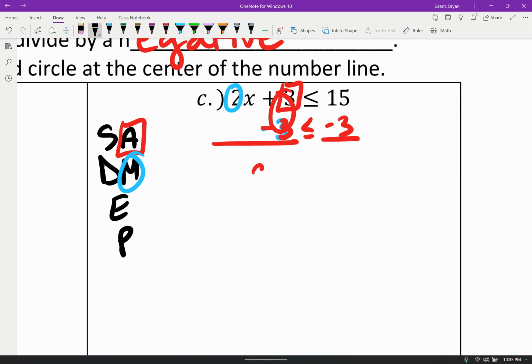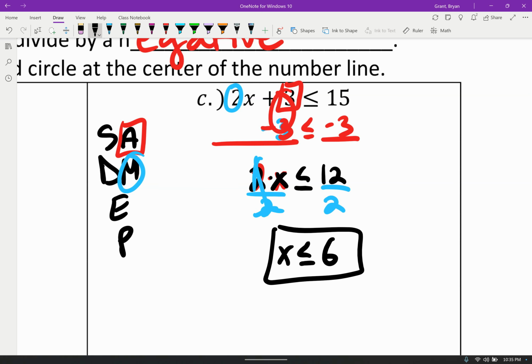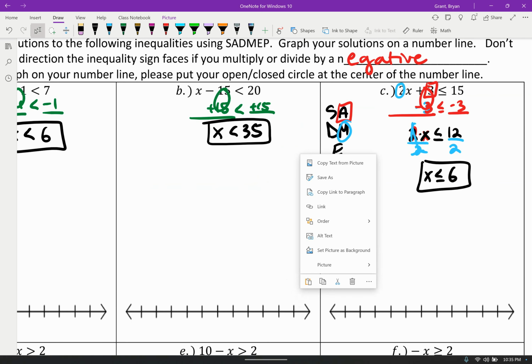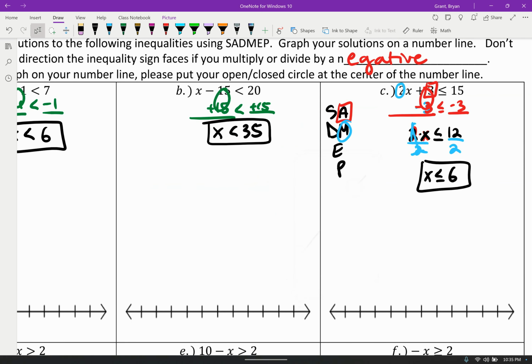So that leaves me with 2 times x is less than or equal to 12. And we'll finish off the 2 that's out front. Divide by 2. And it leaves me with x is less than or equal to 6. Still nothing crazy. 3 problems done in the space of maybe 3 minutes. Okay, let's try a couple more.